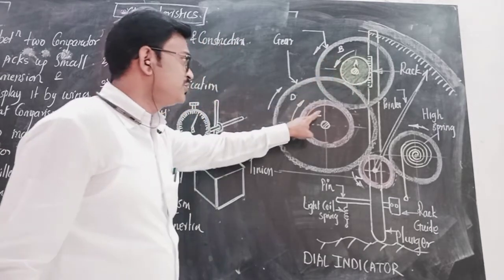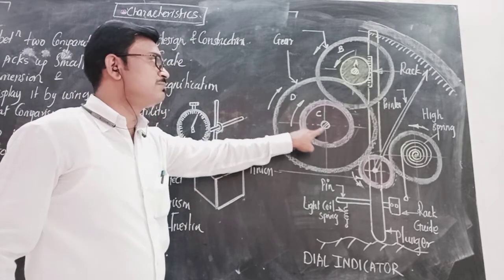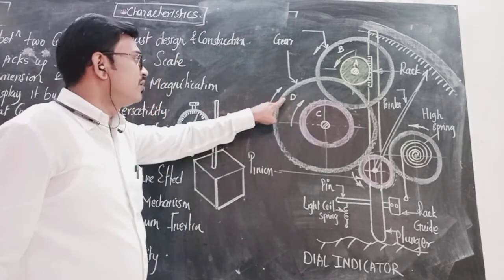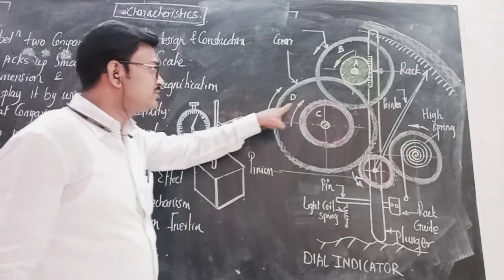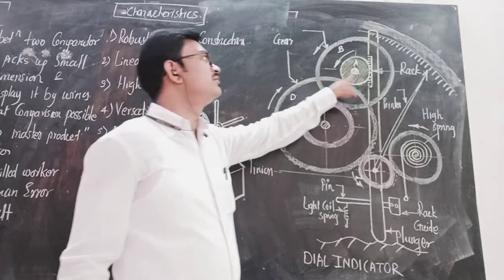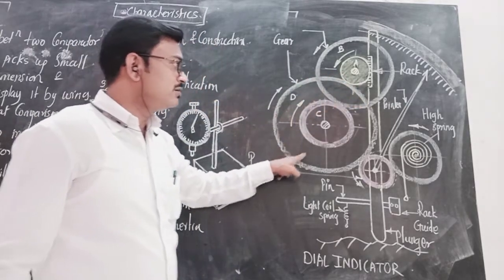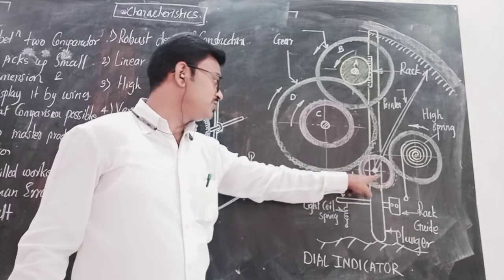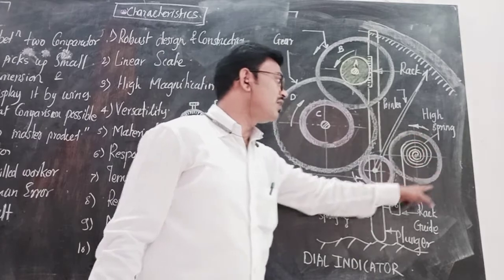Gear B is meshed with gear C, and on the same shaft as gear C, gear D is also mounted. Gear D is meshed with a small pinion. This pinion is meshed with another gear.